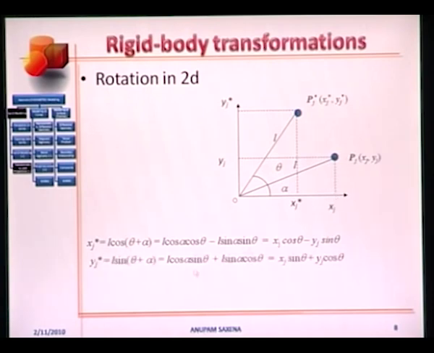Likewise, yj star is L times sine of theta plus alpha. Expanding which gives L times cosine alpha times sine theta plus L times sine alpha times cosine theta. Once again, L cosine alpha is xj and L sine alpha is yj.